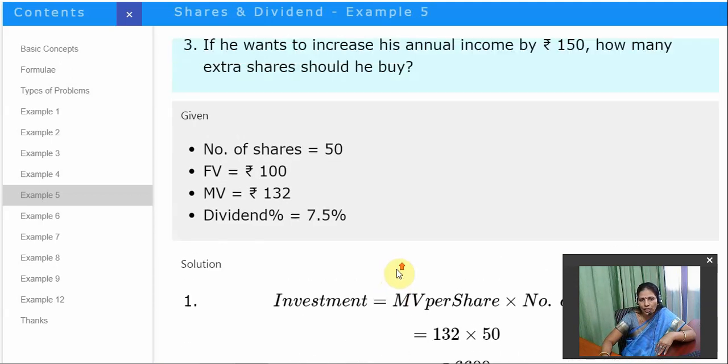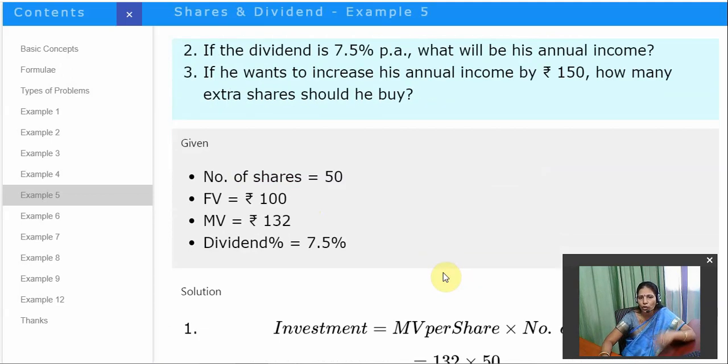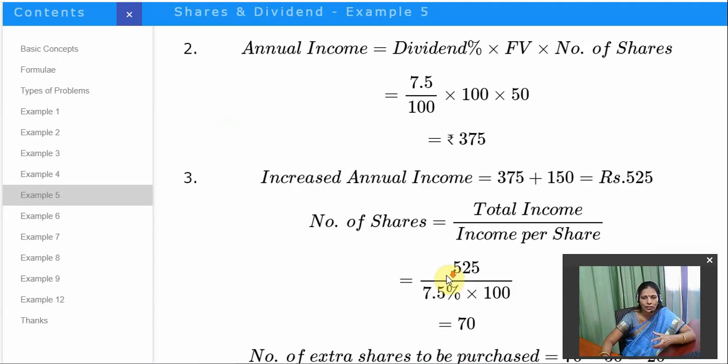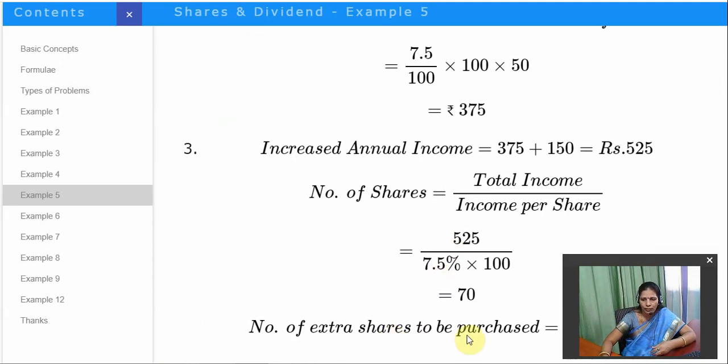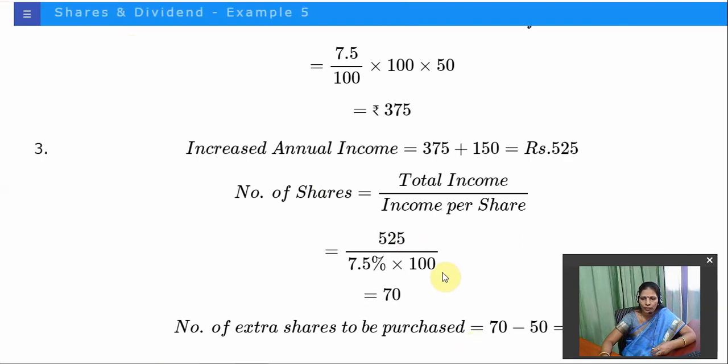Now shall we see the question again? If he wants to increase his annual income by 150 rupees, how many extra shares should he buy? That was the question. Now the number of extra shares to be purchased is equal to 70 shares, which is after increasing his annual income, minus the earlier number of shares, 50, that is equal to 20. 70 minus 50 is equal to 20.